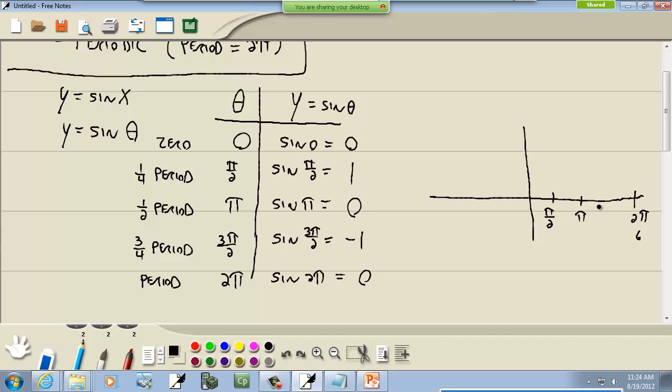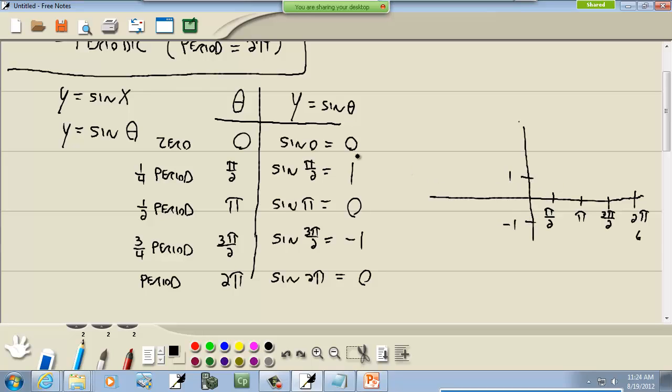Here's pi over 2. And here's 3 pi over 2. So I'm putting my theta, my angles, on the x-axis. Now up here is just going to be our y, the normal whatever this column gives us. So I got 0, 1, 0, negative 1, 0. So if this distance is 6, half of this is about 3, and 1 would maybe be about there.